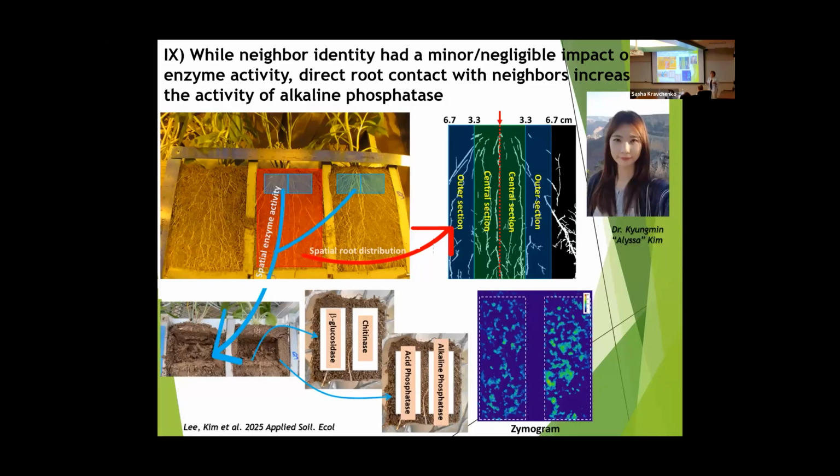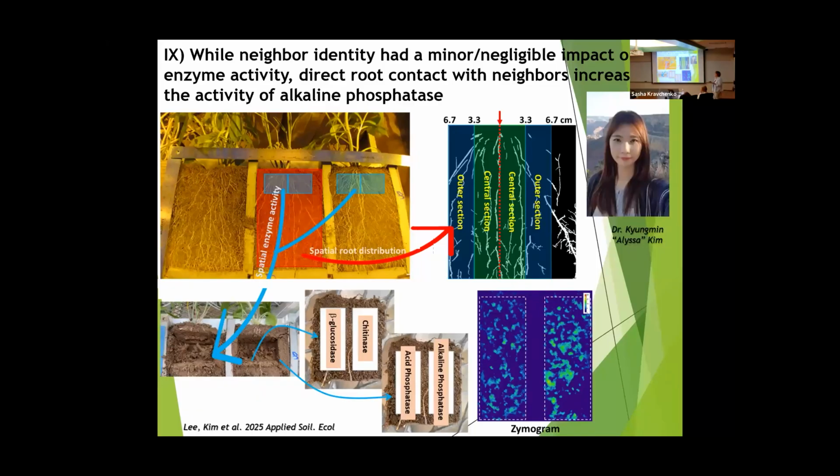So the thinking was that the interactions among the plants would affect not just physically where roots grow, where fungi grow, but they would probably affect the production of enzymes by the plants, production of enzymes by the microbial community. So we did expect to see differences, the impact of our neighbors on them, but we didn't.